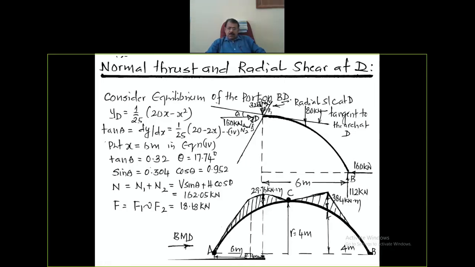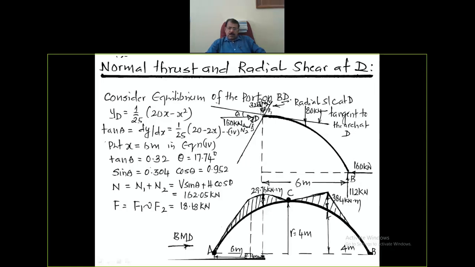That tangent makes an angle theta with the horizontal. Now, if you want to say that this portion is in equilibrium, we know that at the point B, the vertical component is 112 kilonewton and horizontal thrust at that point is 160 kilonewton. To say BD is in equilibrium, we introduce the horizontal force at the point D, that is 160 kilonewton, and vertical force at the point D as 32 kilonewton.